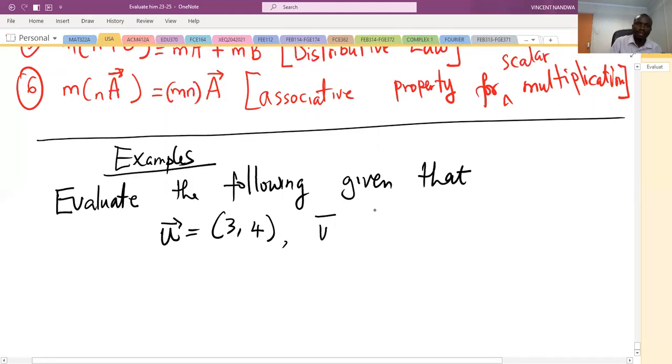The v vector is (-2, 5), and w is given by (-3, -4).